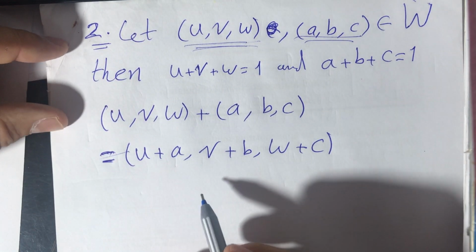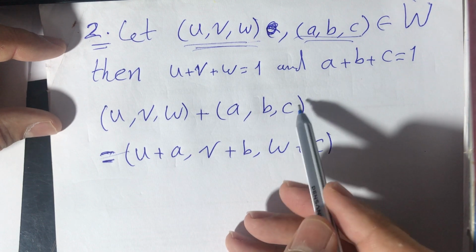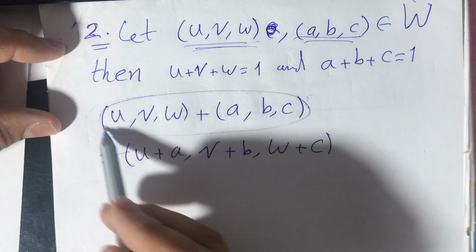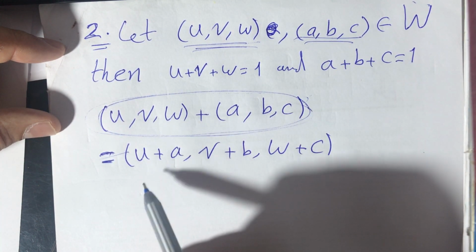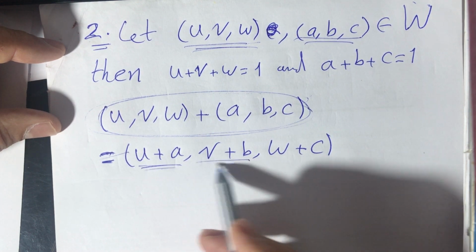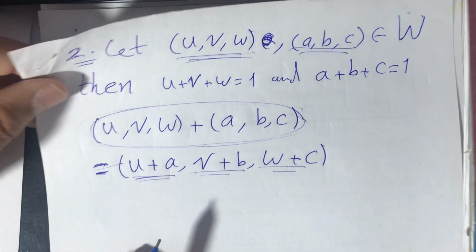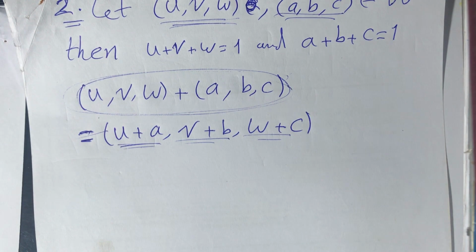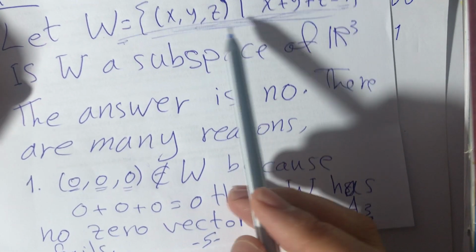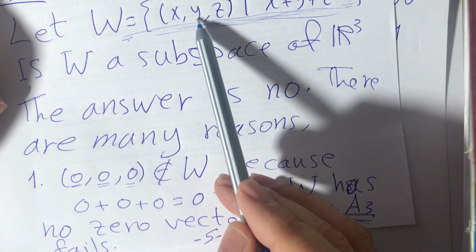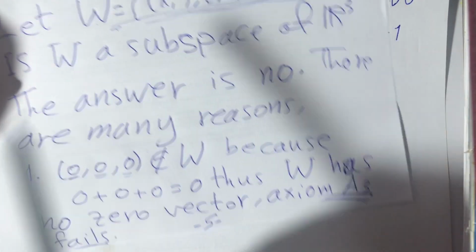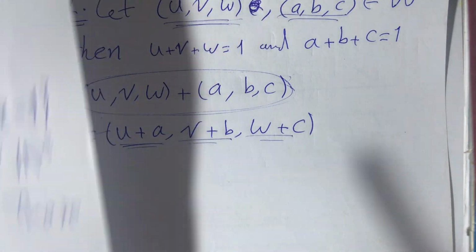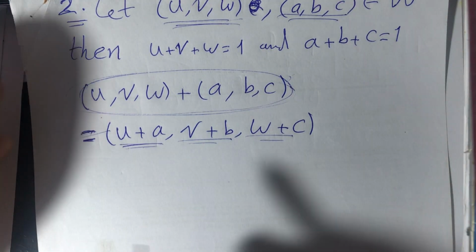And if we want to say this vector belongs to W, we have to sum all brackets and see if the sum is 1, because by definition of W, first one plus second one plus third one equals 1.